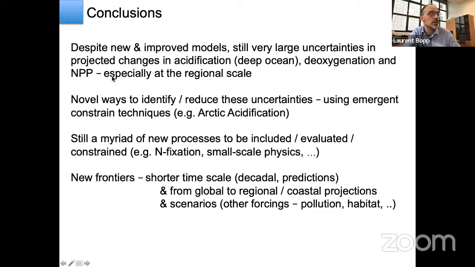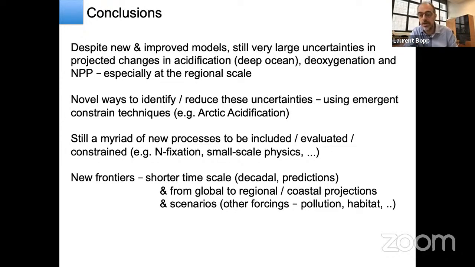Okay, maybe that's enough if we want to have some time for questions, but maybe my conclusions are that despite new and improved models, and it's been great to have biogeochemical components in climate models, because in addition to exploring the response of the ocean carbon sink to increasing CO2 and climate change, which was in fact the initial question, we've been able to explore the impacts of climate change on marine biogeochemistry, on phytoplankton productivity, and hence on the open ocean pelagic ecosystems.